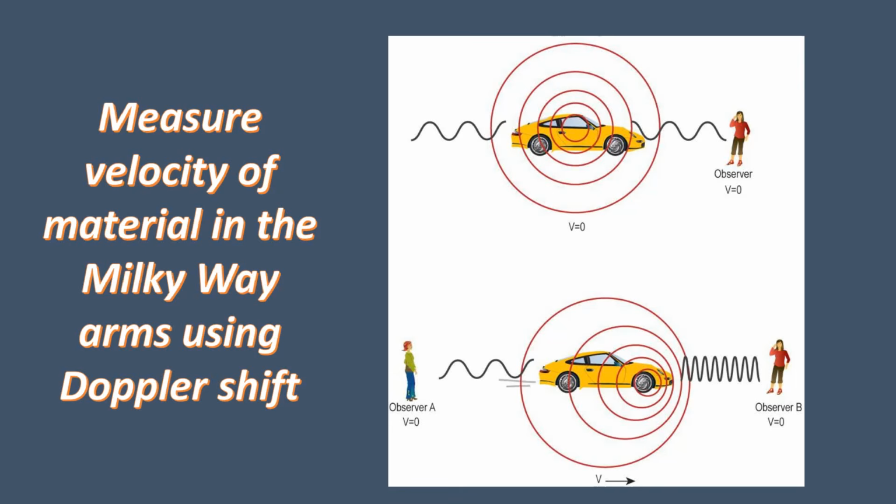Now clearly they're going to hear the same sound, but in the situation at the bottom, where the car is travelling at some speed towards you, you will hear a higher tone than if you are behind the car, where you'll hear a lower tone. This is because, as you can see from the graphic, sound gets compressed in front of the car, which effectively reduces the wavelength or increases the frequency, and it gets dragged out behind the car, which has the opposite effect.